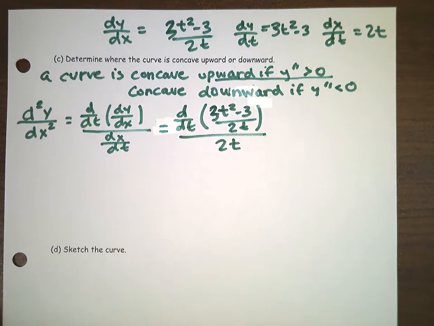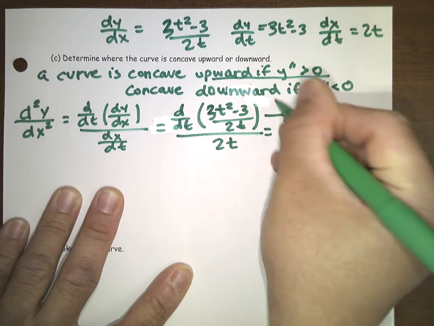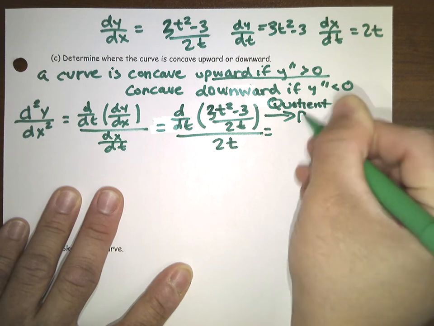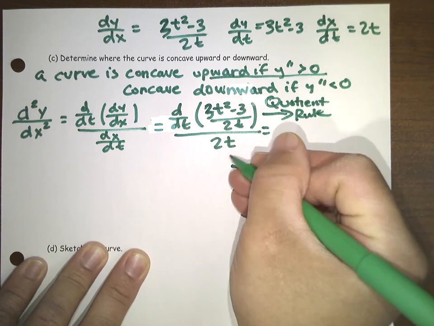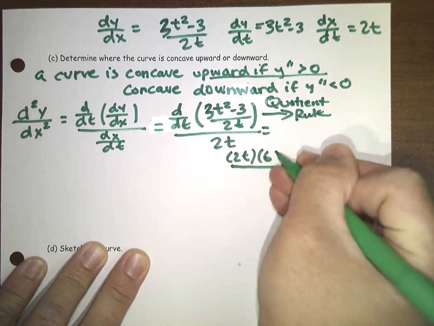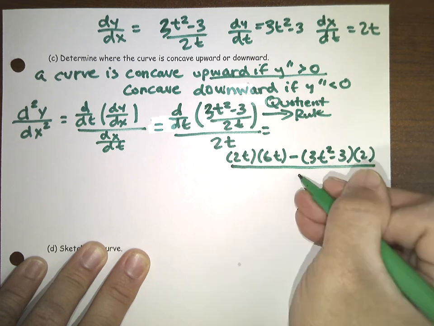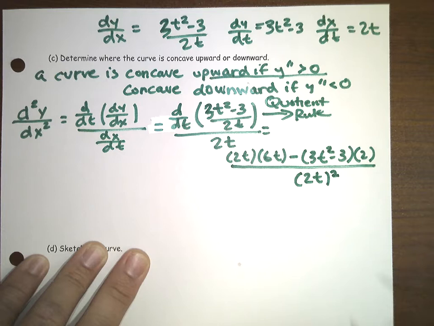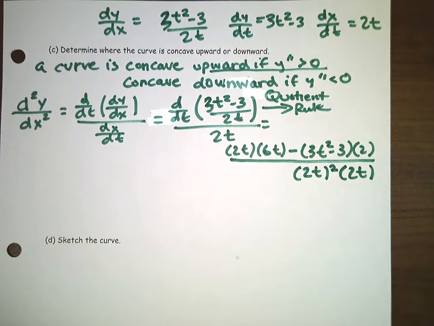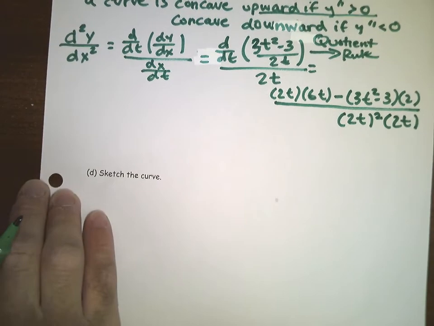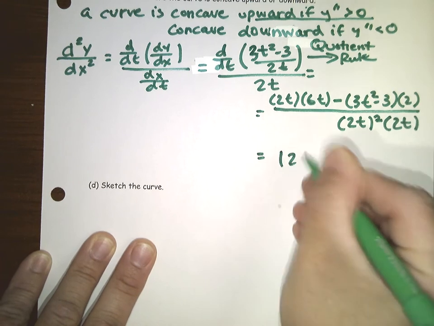For the numerator, I need the quotient rule to find the derivative. That gives 2t times 6t minus 3t squared minus 3 times 2, all over 2t squared, and then over 2t. Now I can simplify. 2t times 6t is 12t squared.